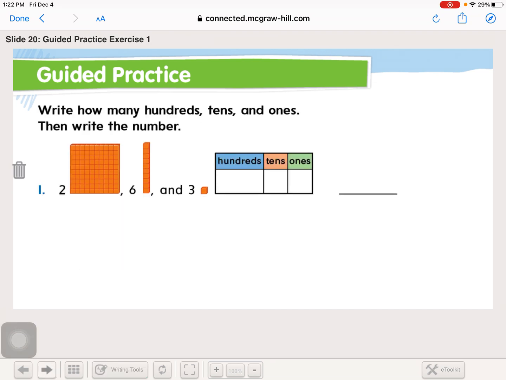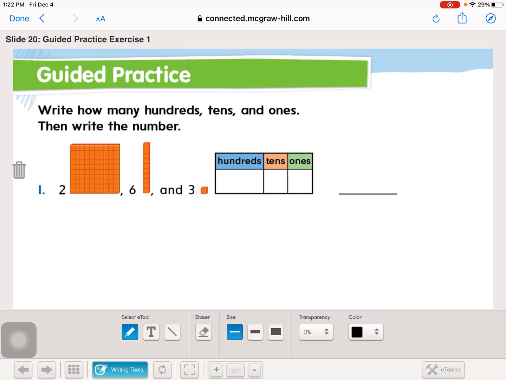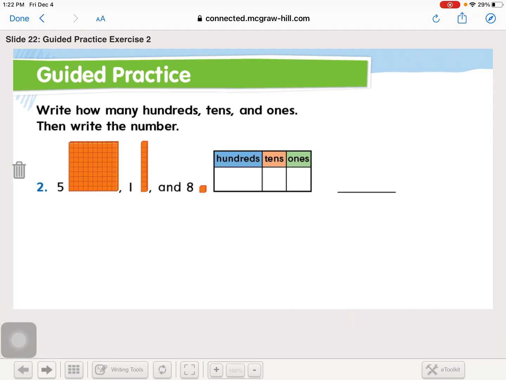Write how many hundreds, tens, and ones, then write the number. Okay, so it says we have 2 of these, so that would be 2 hundreds. We have 6 ten rods, so 6 tens, and 3 one cubes, so 3. So the number is 263.